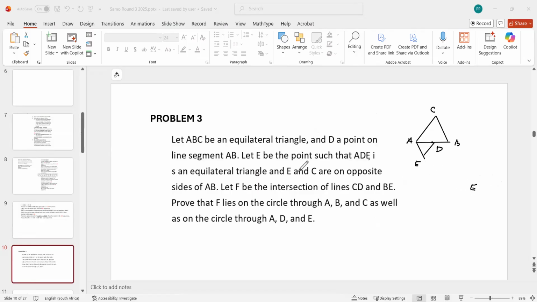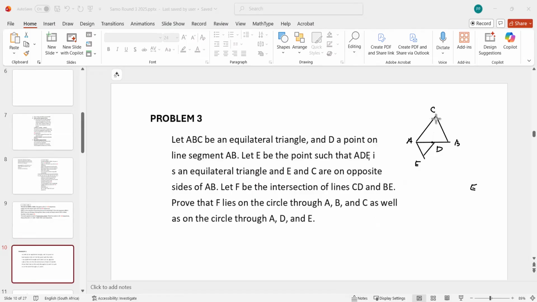Now they say let F be the intersection of CD and BE. So you got CD. Okay, CD, it needn't even be a line segment.